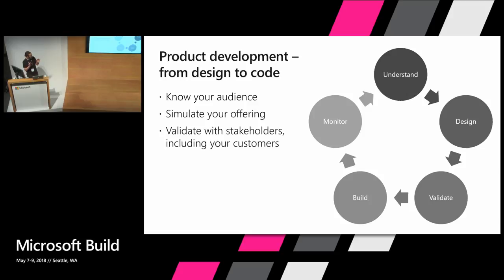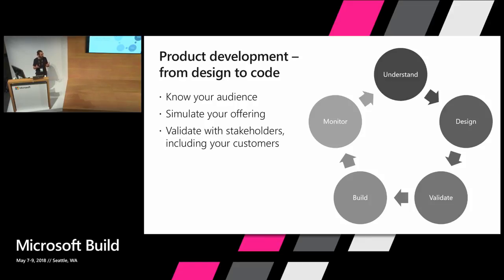So just taking a step back, when we start to think about developing a product or a service, the first three steps in this process are things that you might do as a collaborative team with designers and developers and product managers.